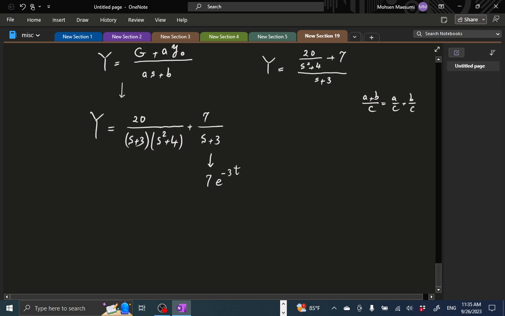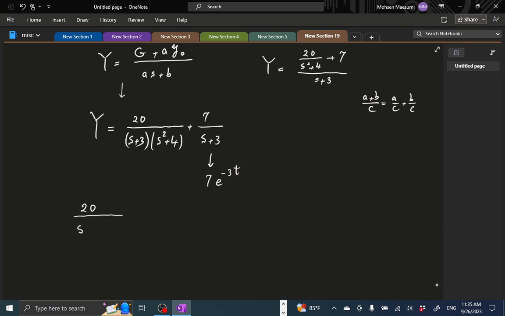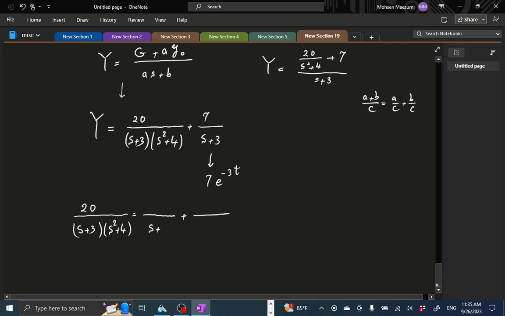It means when I have this expression 20 over s plus 3 times s squared plus 4, I can think that it came out of adding two fractions. One of them had this expression as the denominator and the other one had this one. They were added to each other to create this. So these two factors come as the denominators of our fractions.